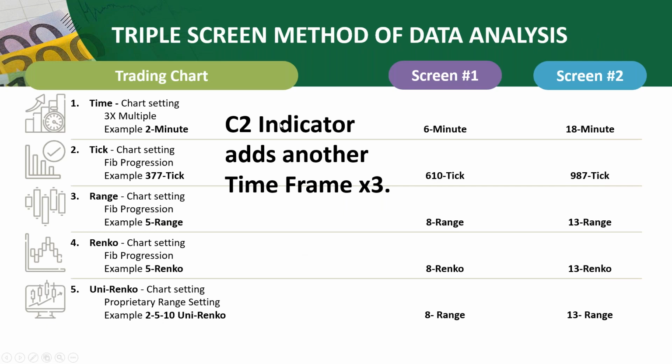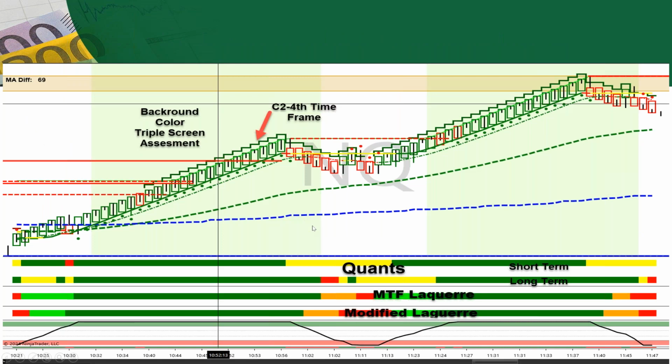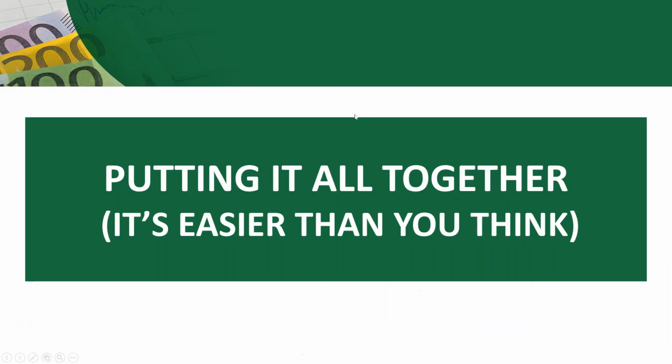So basically the C2 indicator just takes 18 times 3, and that would be the setting for the C2 indicator, adds another time frame. And the C2 indicator is displayed by this stair-stepping line above the candles. Pretty simple, right? I'm building into everything so you understand.